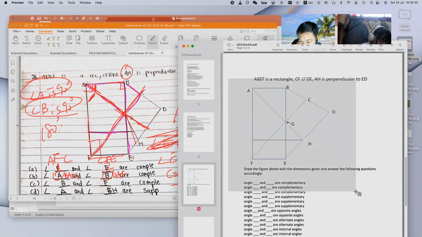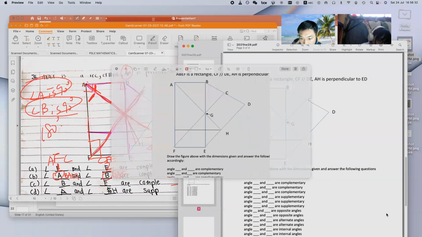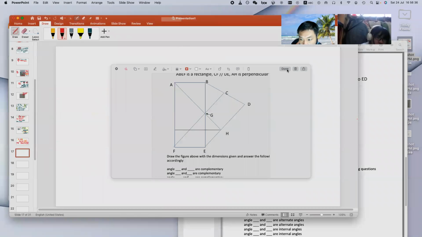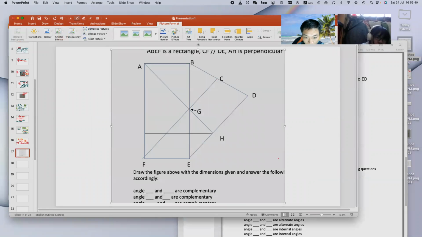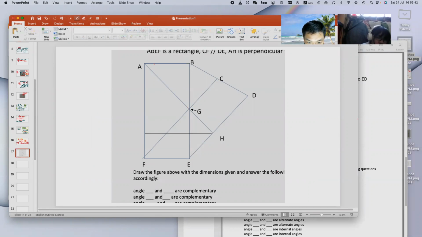What I'm trying to say is, if you look for complementary angles, it's very simple. First, these two angles are complementary, right? Why? Because 90 degrees.